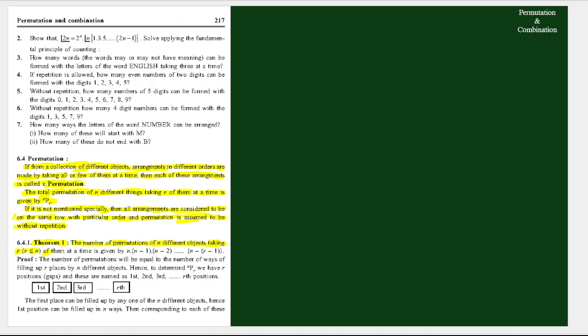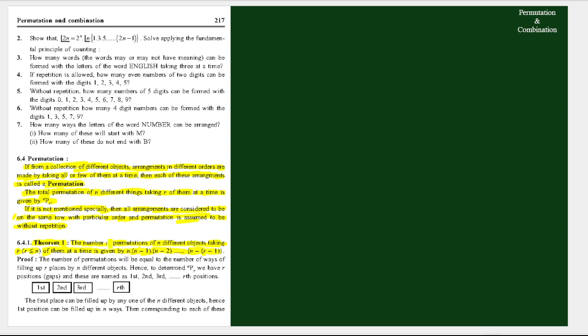Taking r of them at a time is given by n into n minus 1 into n minus 2 dot dot dot n minus r minus 1. So this is the formula.